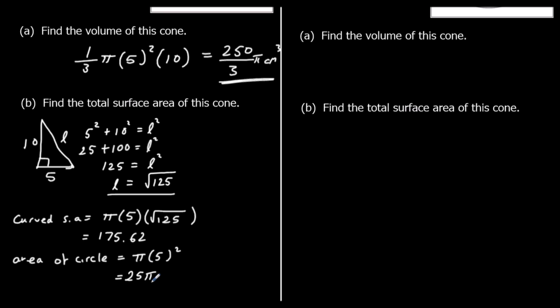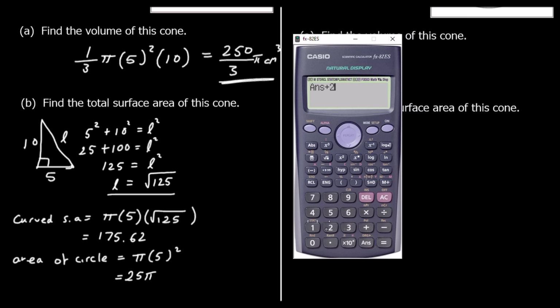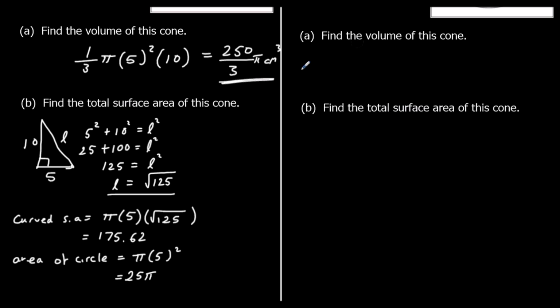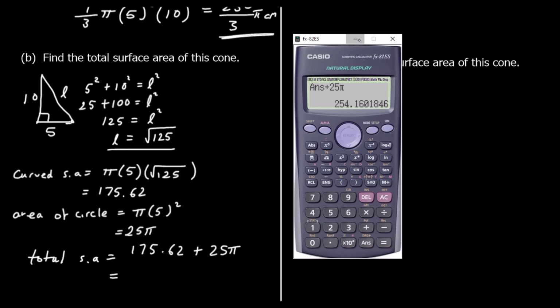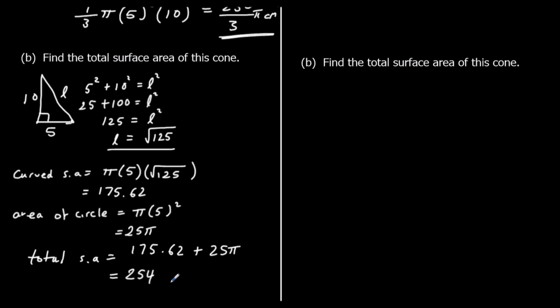So our last answer plus 25 pi, and we've got 254 centimeters squared to 3 significant figures, or the nearest whole number. So total surface area of these two added together, which is 254 centimeters squared to either 3 significant figures or the nearest whole number.